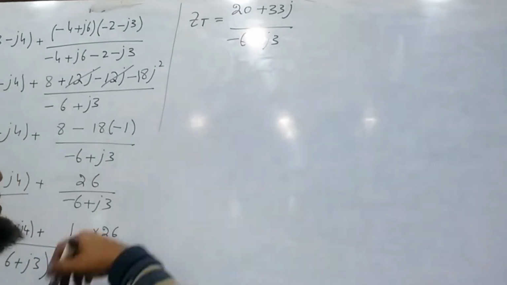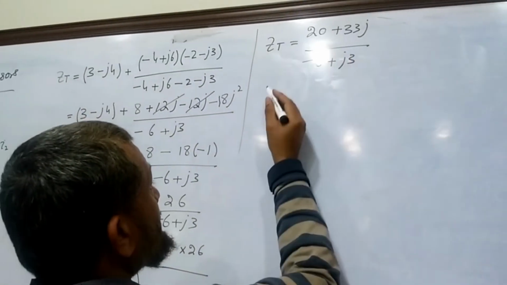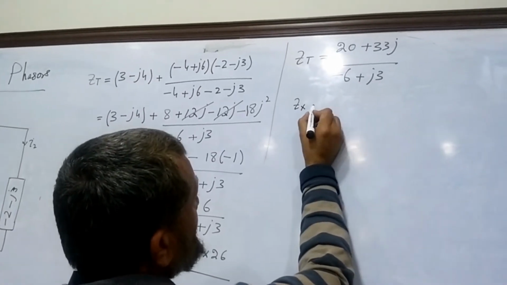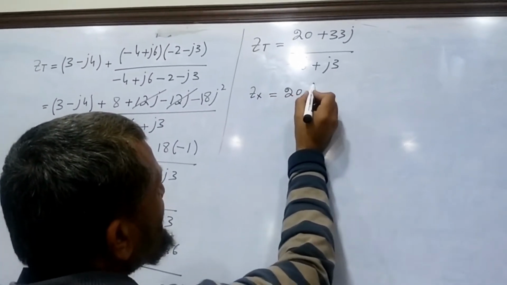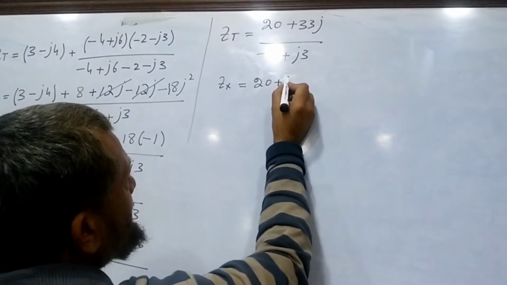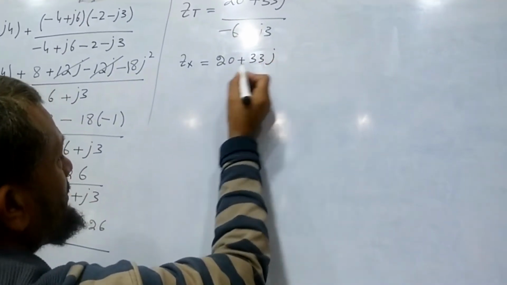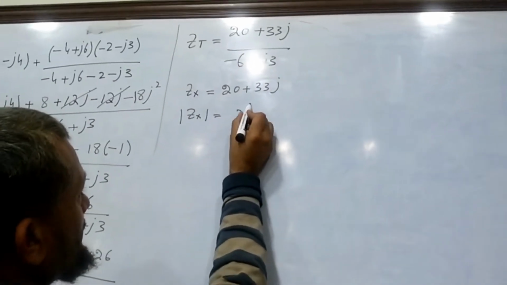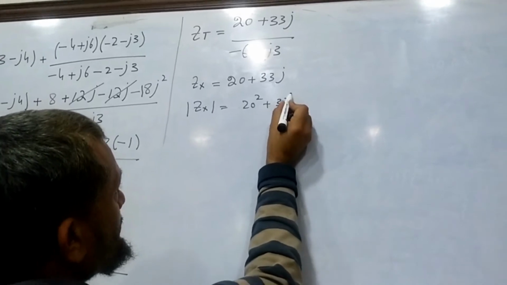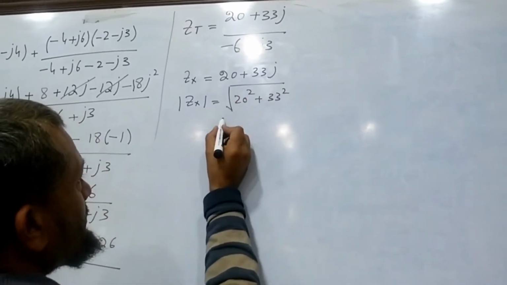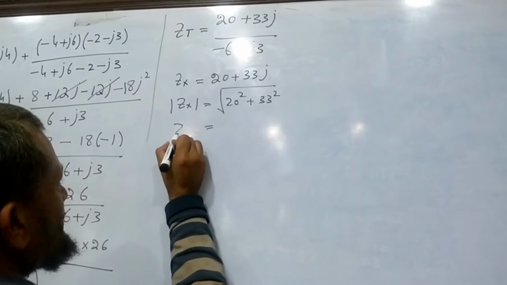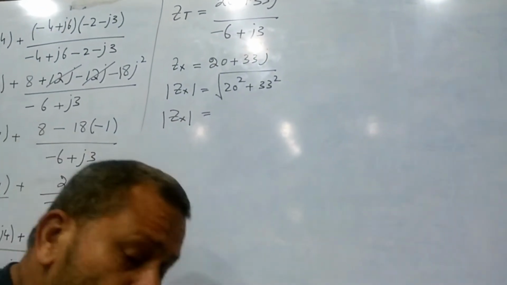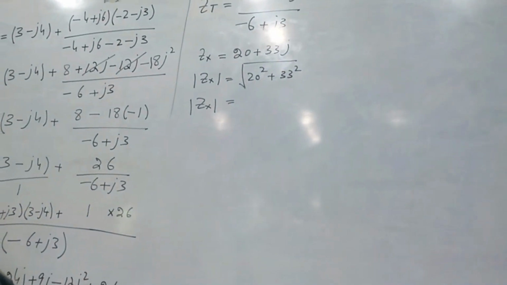So for the numerator, for example, zx is equal to 20 plus 33j. So zx magnitude is 20 square plus 33 square under the root. How much is this one? 38.58.